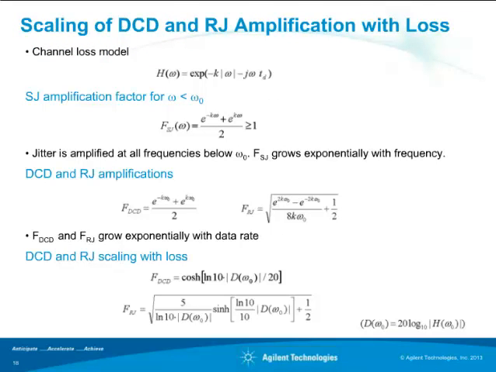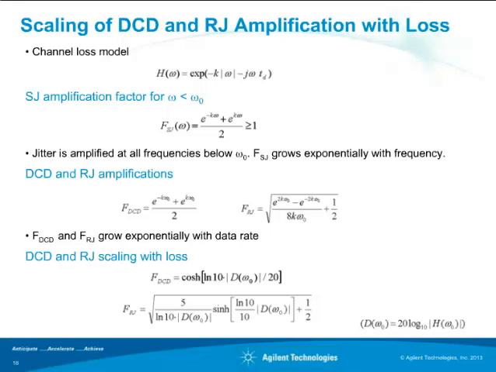Now we're going to look at the scaling of DCD and RJ. To do this, we first use a loss model, which has an exponential decay of the transfer function with frequency. This is a typical behavior of a lossy channel.